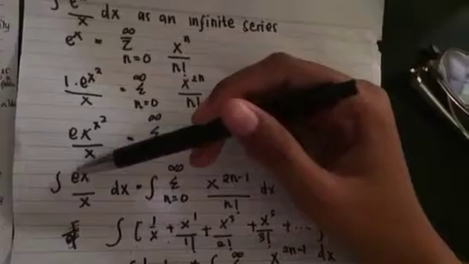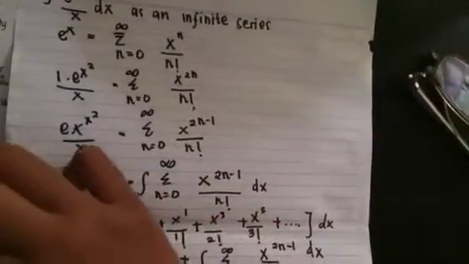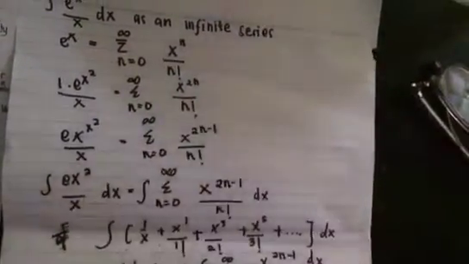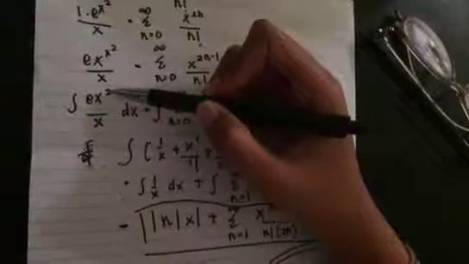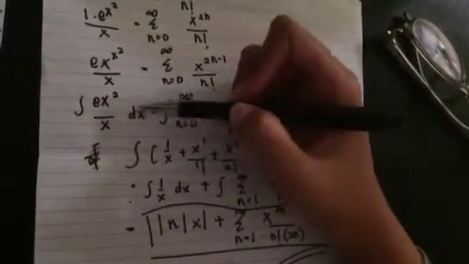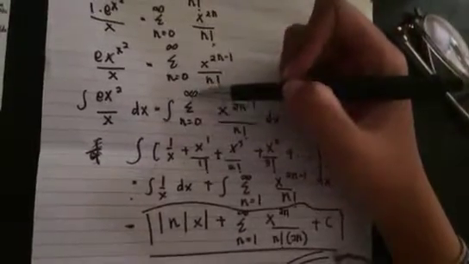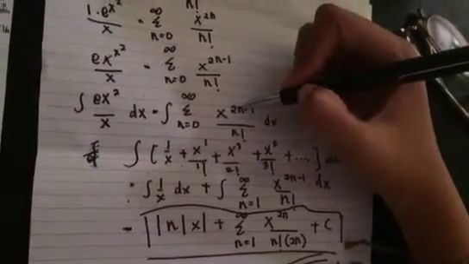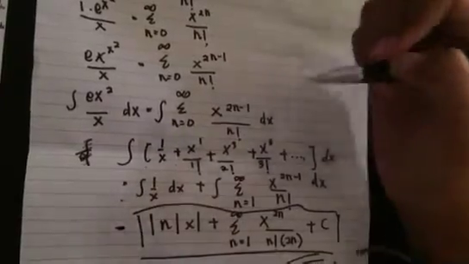Integral of e to the x squared over x dx equals the integral of the sum from 0 to infinity of x to the 2n minus 1 over n factorial dx.